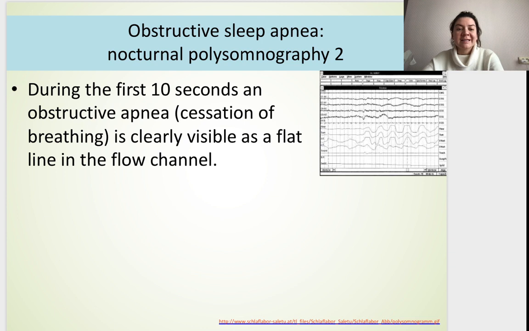During the first 10 seconds of obstructive sleep apnea, cessation of breathing is clearly visible as a flat line in the flow channel. You see on this picture the breathing sounds, and in the first part of this recording there is the flow channel. It means that there was a period without breathing at all. It was an episode of apnea.